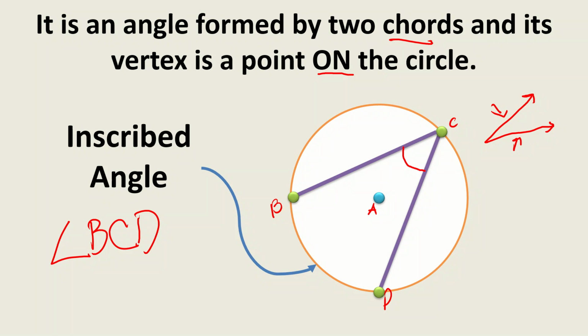Okay po, again, central angle, ang vertex ay nasa center ng circle and its sides are two radii of the circle. Then si inscribed angle, ang vertex is a point on the circle, ibig sabihin nasa circumference ng circle. Then its sides are two chords of the circle.